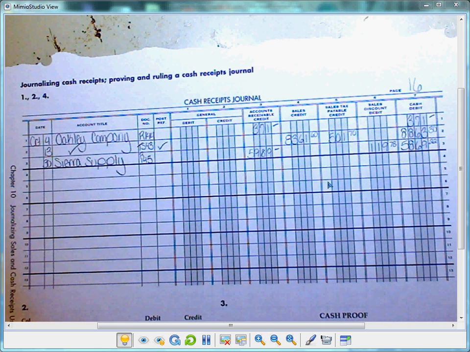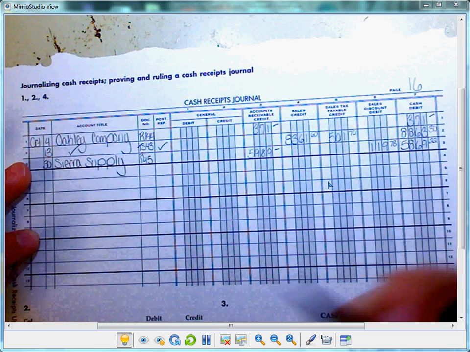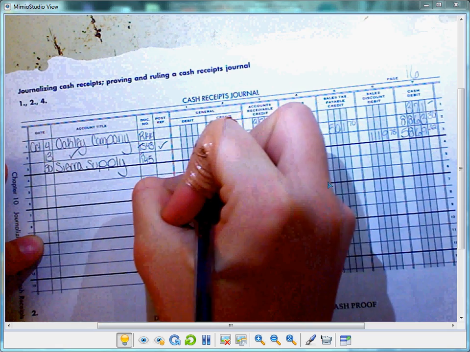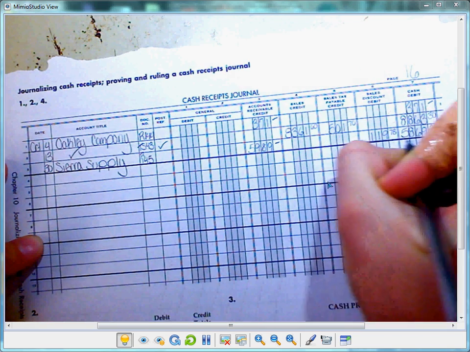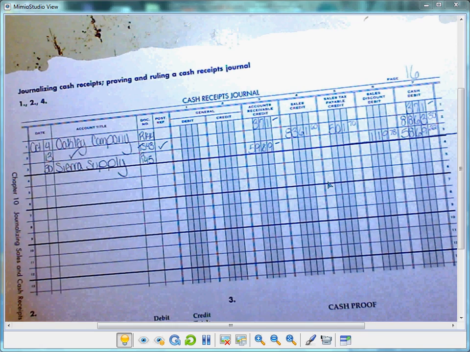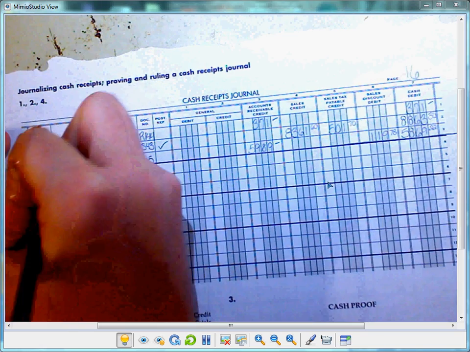Okay, now we are going to total and prove our cash receipts journal. So go ahead and make a single rule across there. Our date's the 31st.